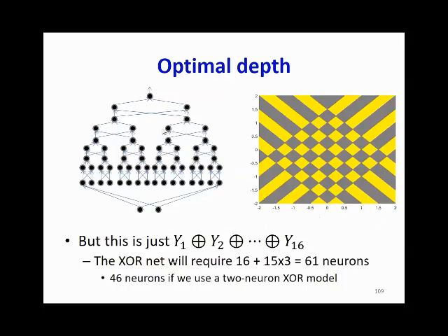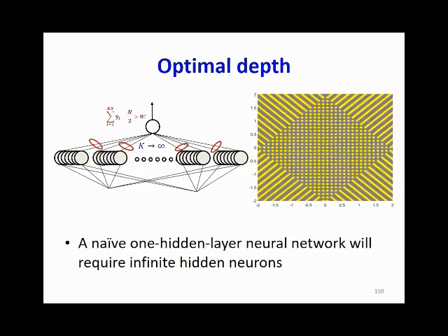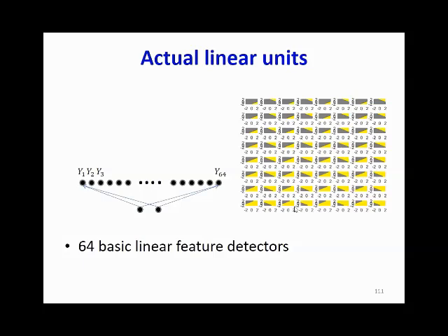Now, the gain from modeling this as an XOR doesn't seem like a lot because you went from 57 to 46. But then if you take something more complex, like this guy, again, a naive network with one hidden layer requires infinite neurons, but then this is composed of 64 lines over here. So you would need 64 basic detectors in the first hidden layer.